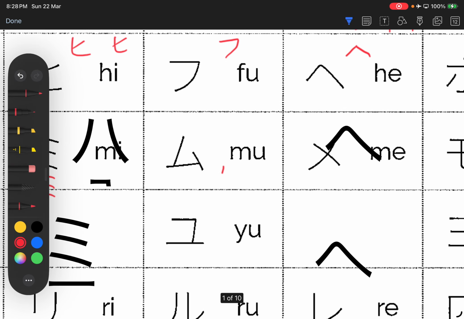Okay, next we have mu. This one is like an inverted 7 plus a line down. Okay, next we have me. One slanted line stroke down and then a small cross, a small intersection.